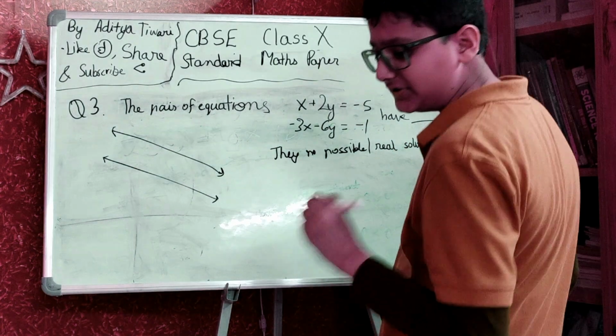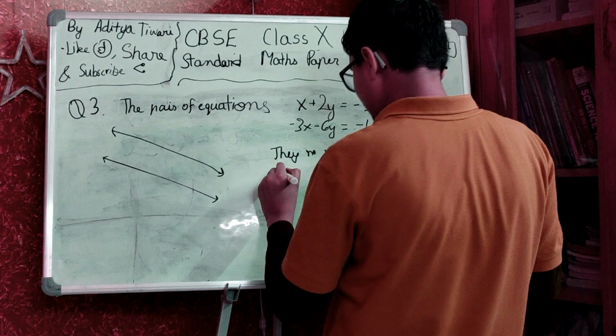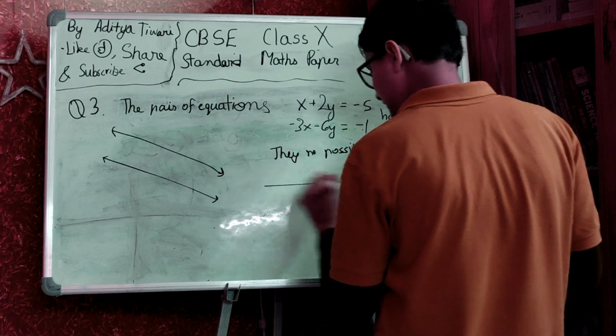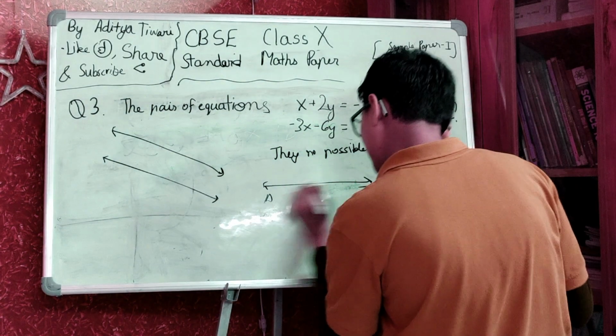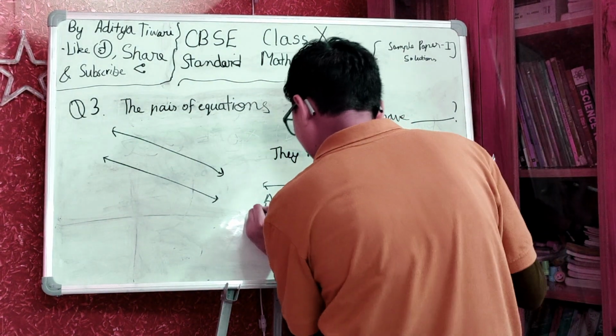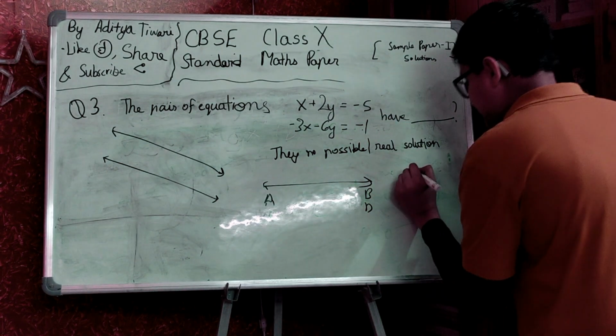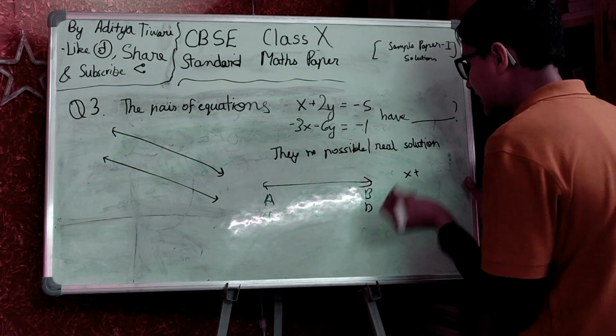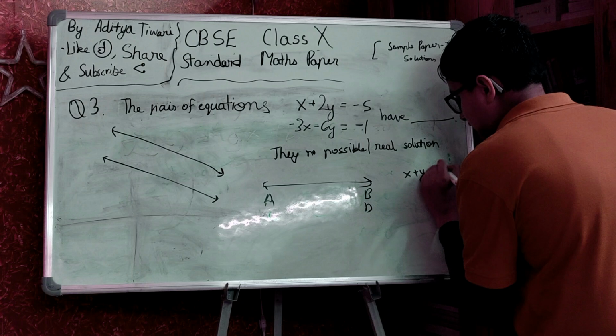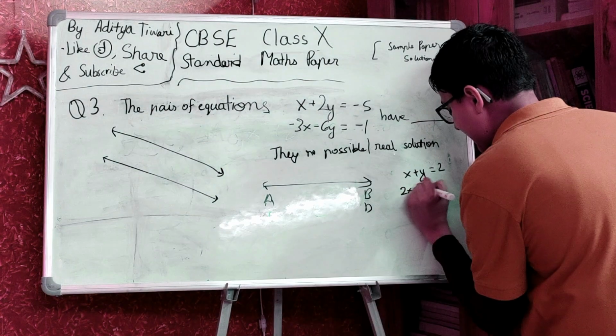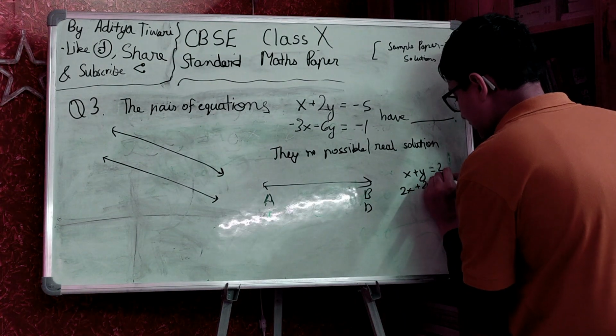Okay, so I'll also tell you about the other graphs. If the lines are coincident, like they are on each other, so this is the line AB, this is the line CD, and it often happens if you have the same problem but the equation is doubled, like x plus y equals 2, 2x plus 2y is equal to 4.